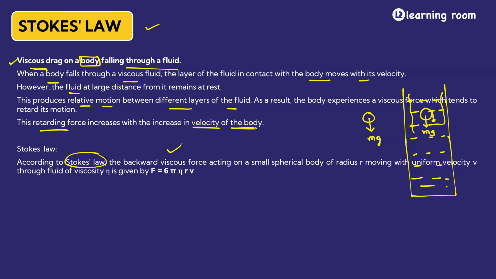But when you talk about Stokes' law, what kind of shape are you considering? You're considering a small sphere, right? So the backward viscous force acting on a small spherical body of radius r, which is moving with uniform velocity v throughout the fluid of viscosity eta, is given as F = 6πηrv. How is this derived? Using the dimensional formula.